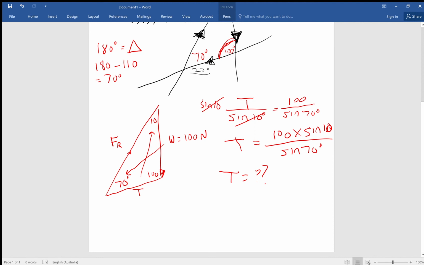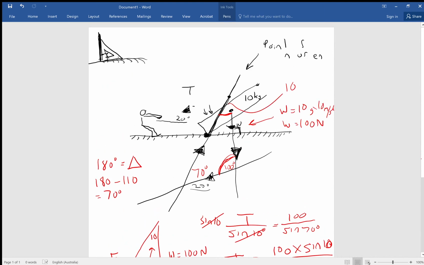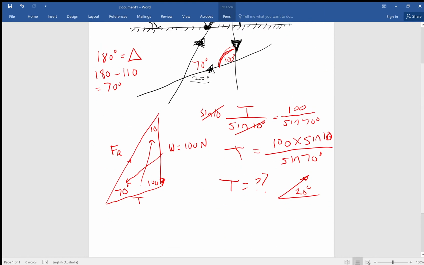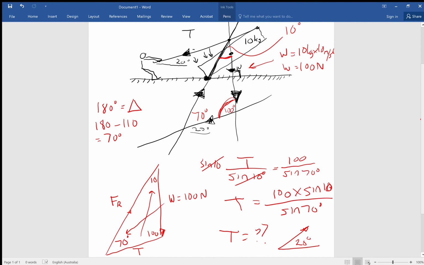So yeah, when you do the direction, 20 degrees, because you can see in the original diagram that that was 20 degrees there. Okay, so that's how you do this type of question.